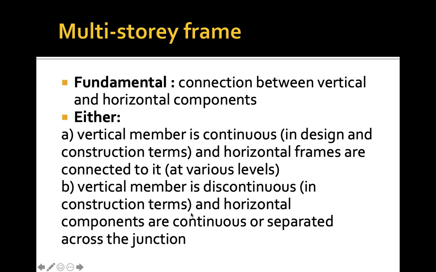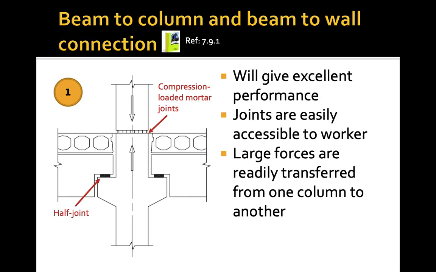In construction terms, it's not that the column is discontinuous, which means that it cannot transfer loads downwards. However, in the construction process, the column is not considered as continuous, and horizontal components are continuous, or separated across the junction. Let's see what these two types of connections mean.